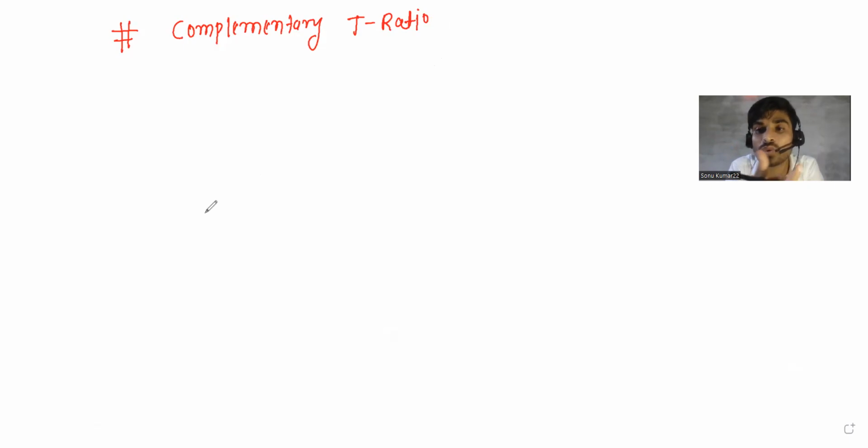It means these two ratios are complementary to each other. So we can write sine of 90 degree minus theta is equal to cos theta. How? If you add these two angles, 90 degree minus theta plus theta, you get 90 degree.